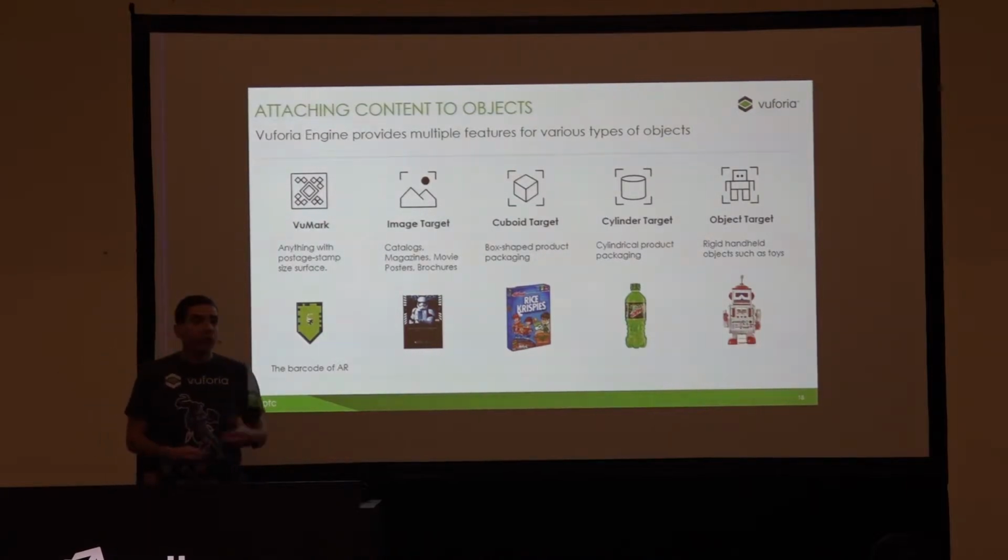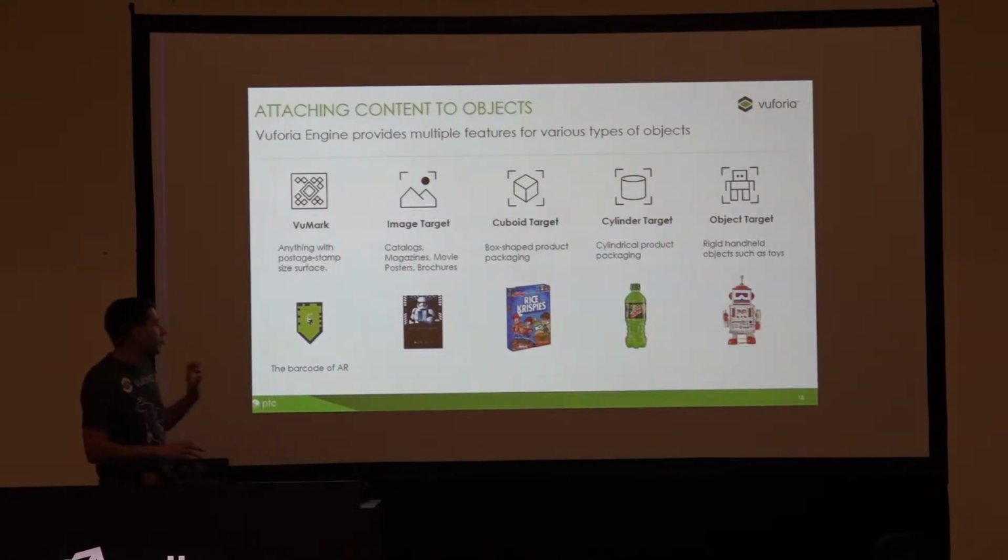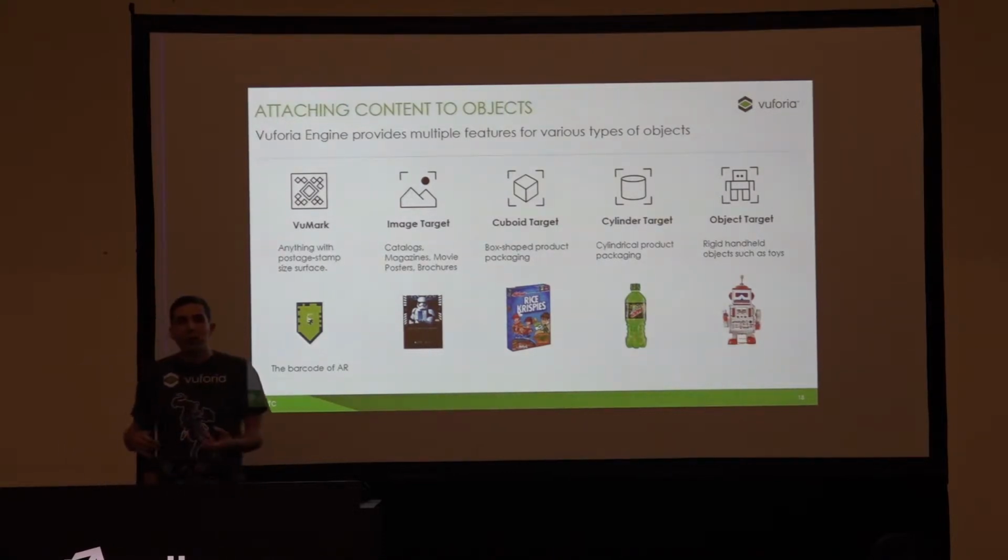That's really good in industrial use cases where you have lots of equipment and need to define exactly what piece of equipment you're dealing with. And if you're working with any sort of digital/physical toy or game, it's also interesting as an unlockable. You can have some kind of physical packaging or physical toy that will unlock digital content.